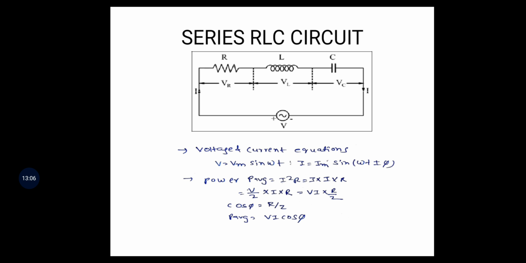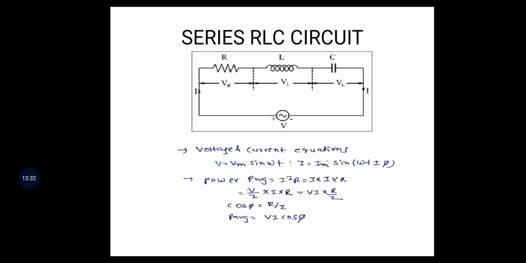So there are 3 cases: the circuit is inductive when XL is greater than XC, capacitive when XC is greater than XL, and purely resistive when XC equals XL.